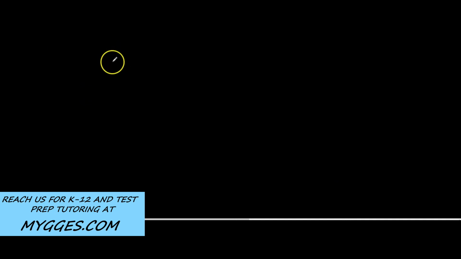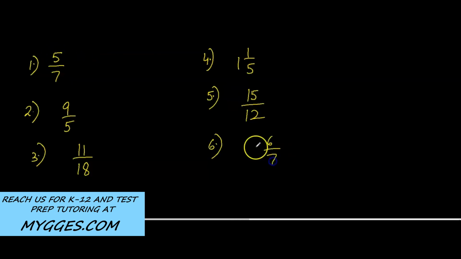Now let's try out some problems on identifying proper, improper, and mixed fractions. Okay, now in the first one, since your top number or numerator is smaller than the denominator, this would be a proper fraction.